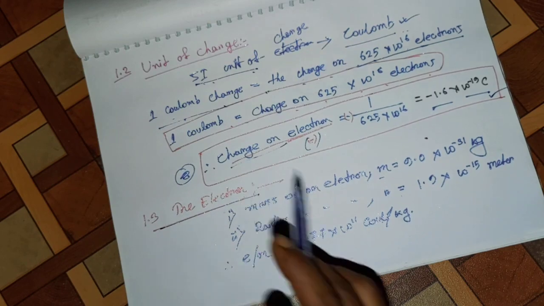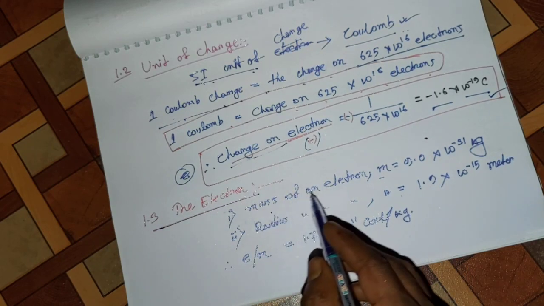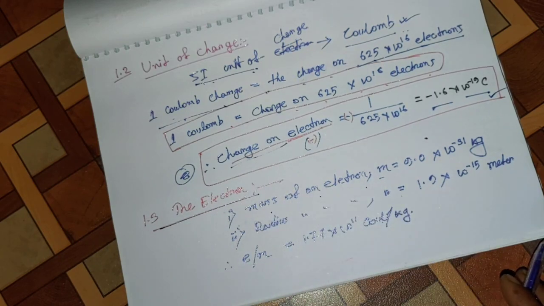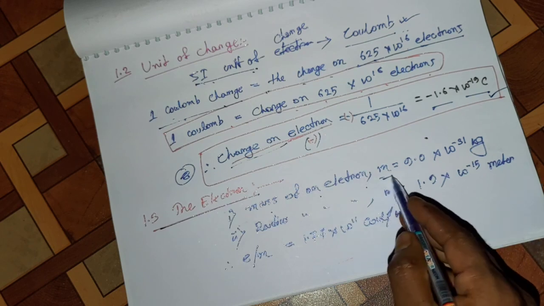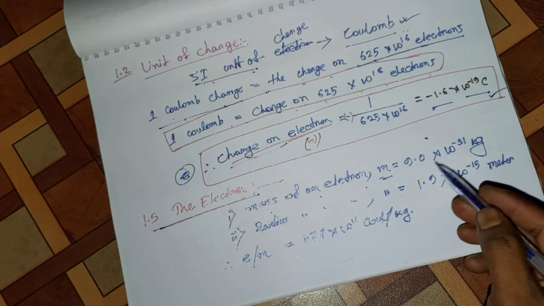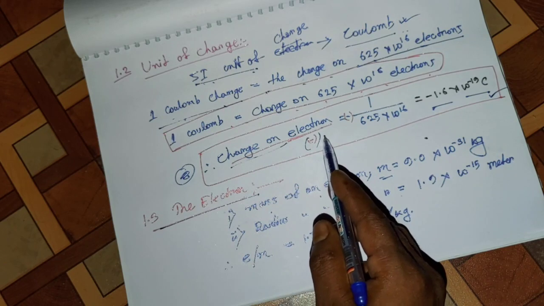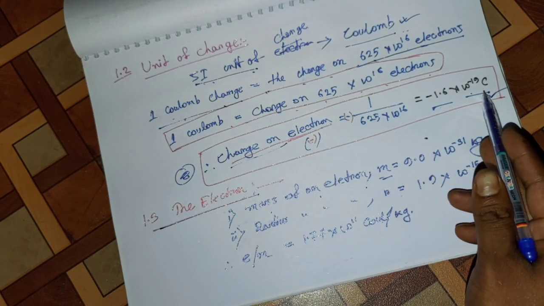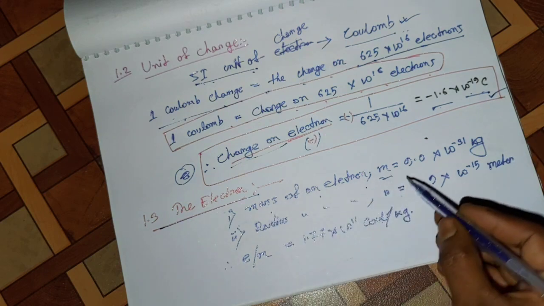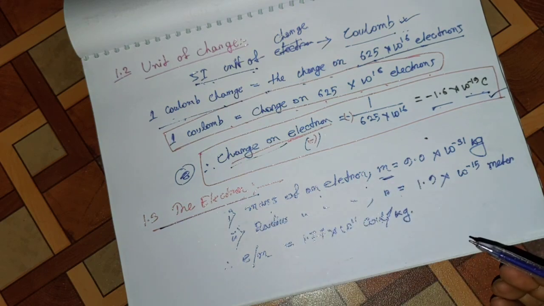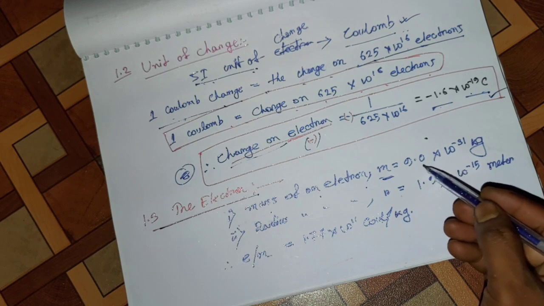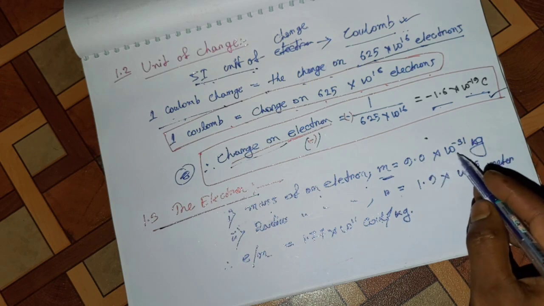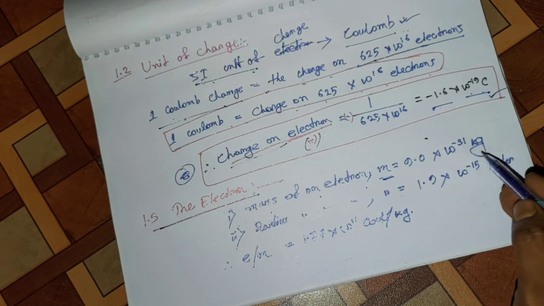The mass of an electron, denoted by m, is 9 into 10 to the power minus 31 kg.